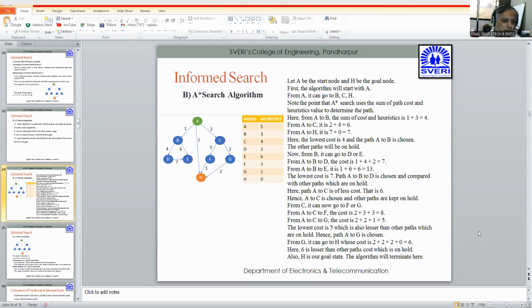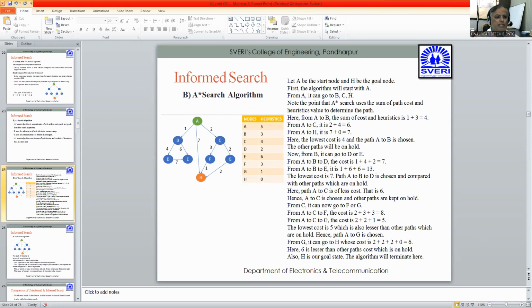So let us assume that we have a diagram here. We can see how many loops there are.